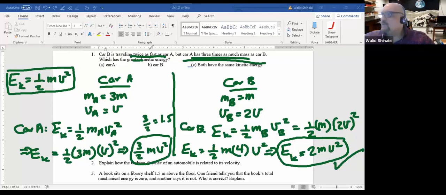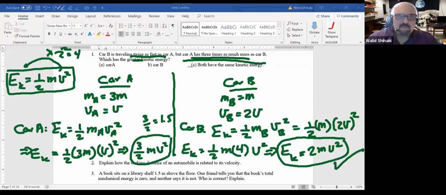Twice means you are multiplying it by 2. So the kinetic energy will increase by what? By 2 squared, okay? So you're multiplying the kinetic energy by 2 squared, which is basically you're multiplying it by 4. So this will increase it 4 times compared to mass. Mass will be just the 3 times that you multiplied by, okay?